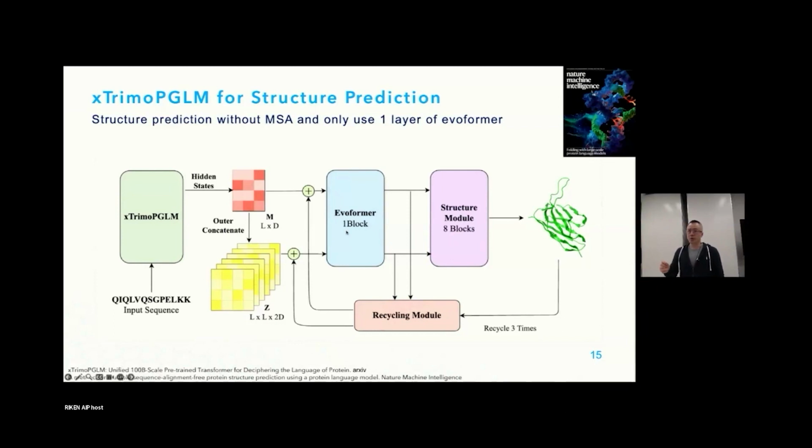But with this pre-trained model, you can drastically simplify the protein structure prediction model as well. Instead of going to a database and searching for similar proteins, you take the protein sequence and directly input it into your pre-trained language model and get an embedding.